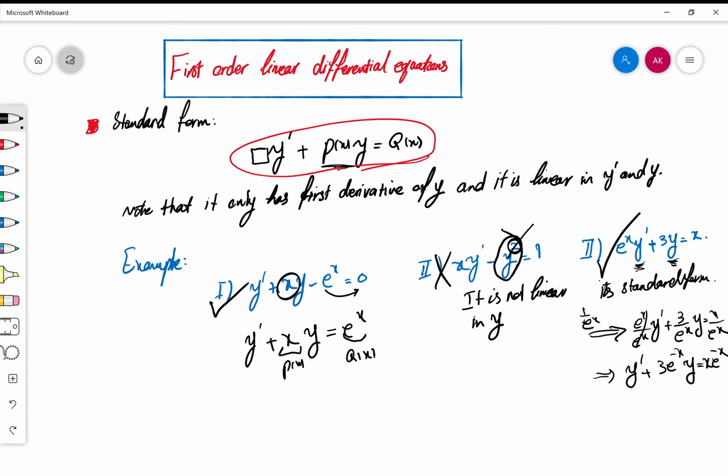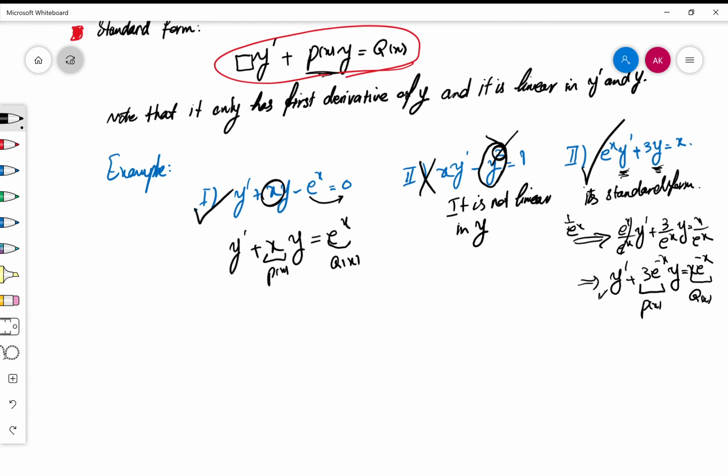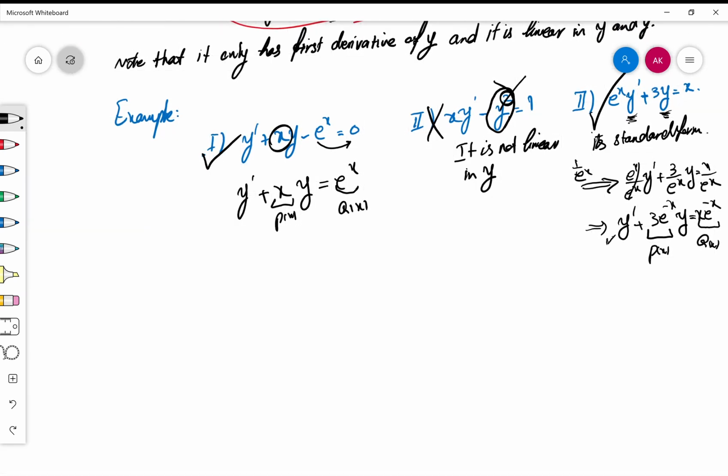And you see now it is in the standard form. The coefficient of y prime is 1. The coefficient of y is a function of x, that's p(x). And then the right hand side is a function of x. So it is linear and it can be written in the standard form.